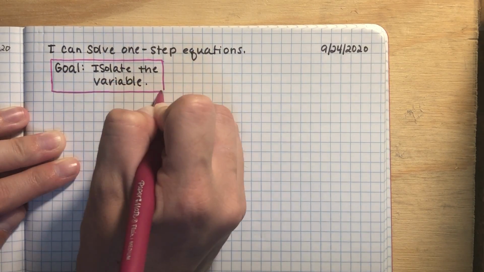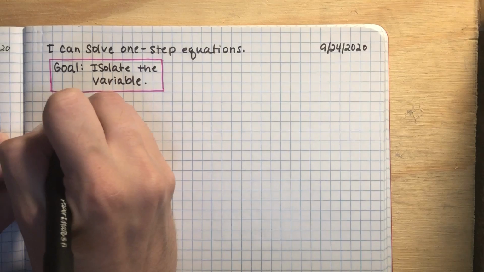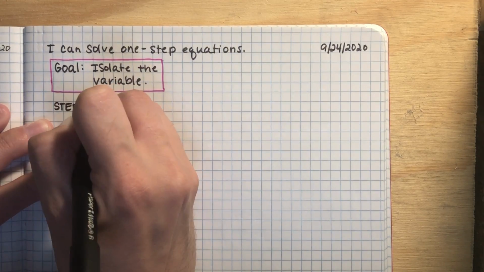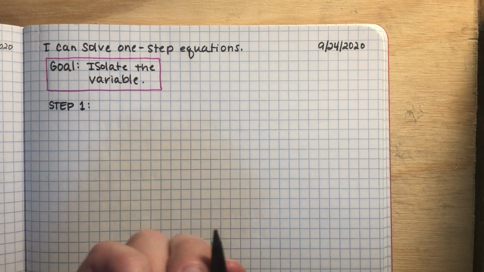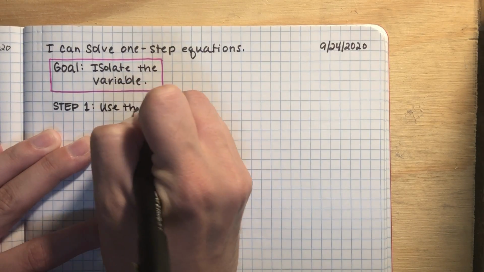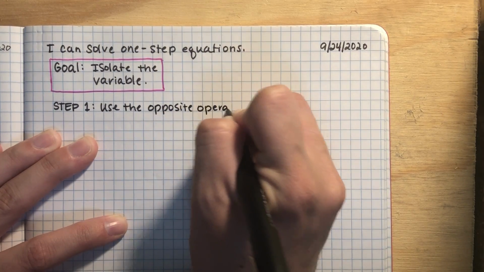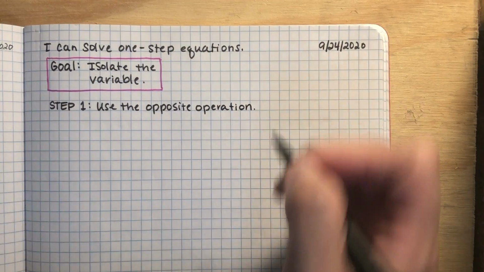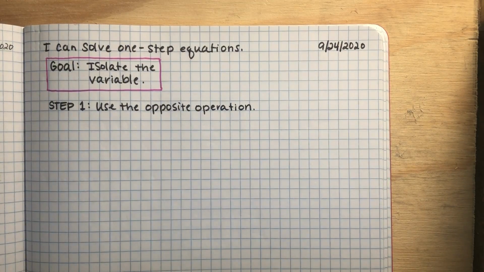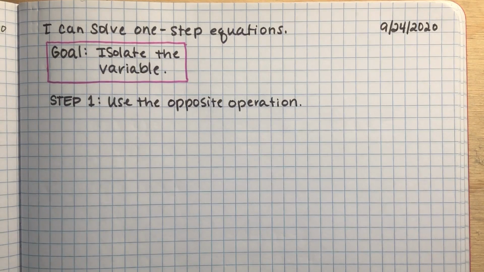Okay, so when we're solving through these one-step equations, there's a set of steps that we also follow. Step 1: our first step is to use the opposite operation. You can also think of this as undoing the operation.